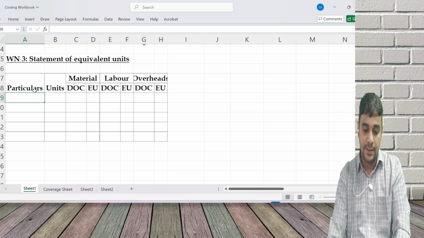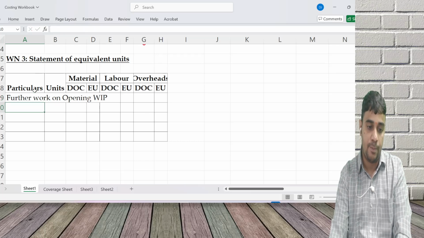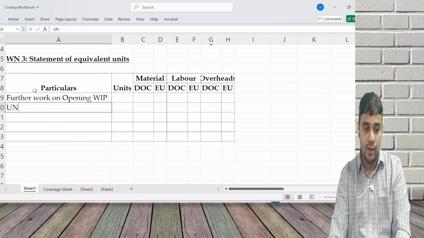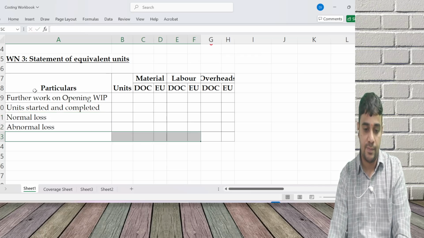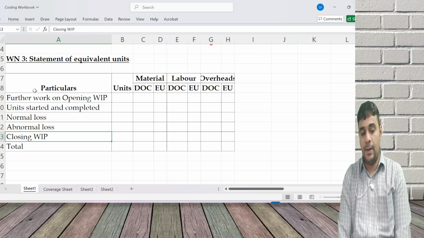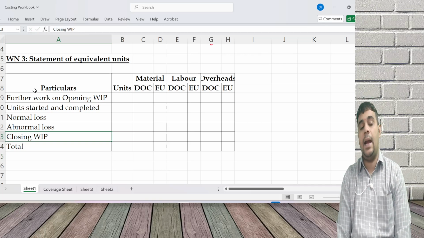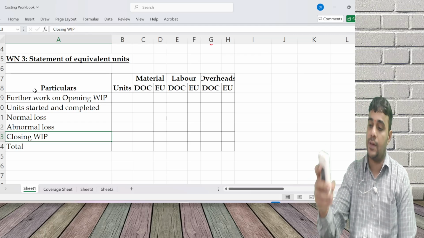First, in the particulars, whatever I say, I'll keep explaining that. Further work on opening work in process, units started and completed, normal loss, abnormal loss, closing WIP, and total.